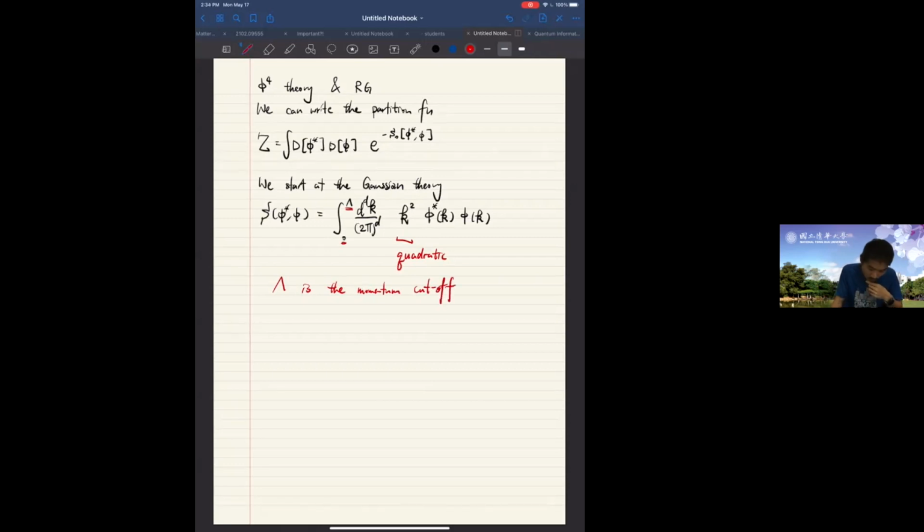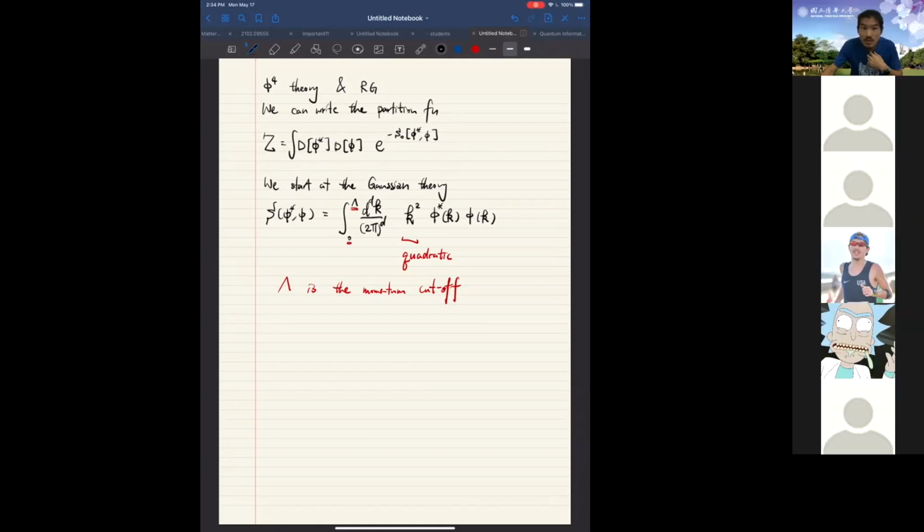So what does RG mean here? As we learned from the Ising model, putting everything on the lattice, we know how to integrate out the lattice degrees of freedom.